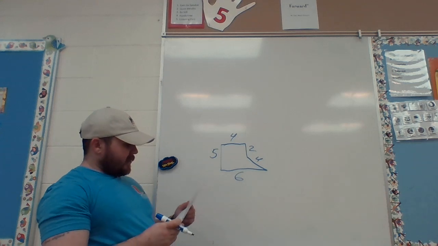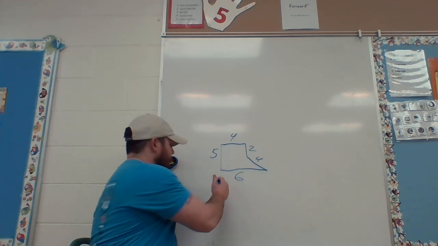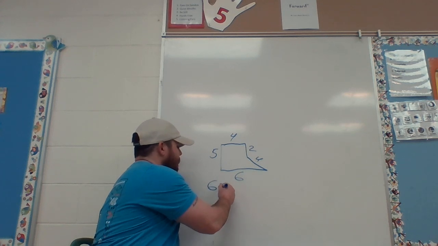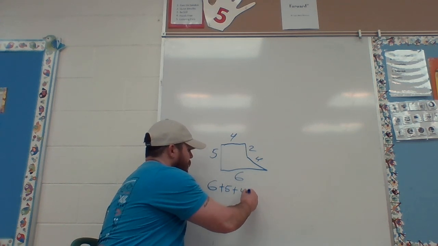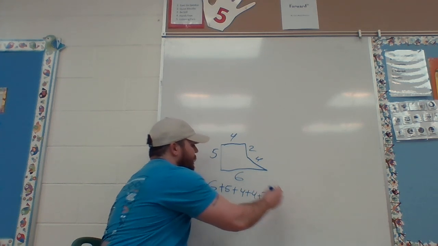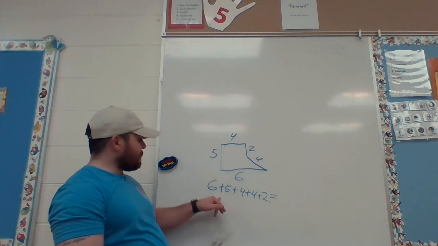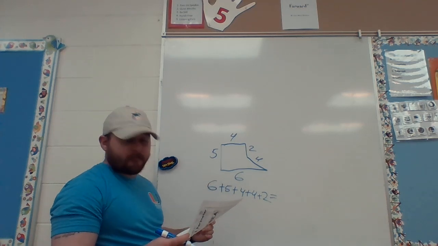So when it says sum of all sides, sum tells me I'm going to add. I always like to go in order: 6 plus 5 plus 4 plus 4 plus 2. I'm just going to find the sum, so I'm just going to add them all up. And that's all it is to those weird shapes like that.